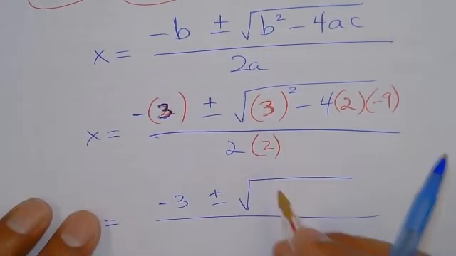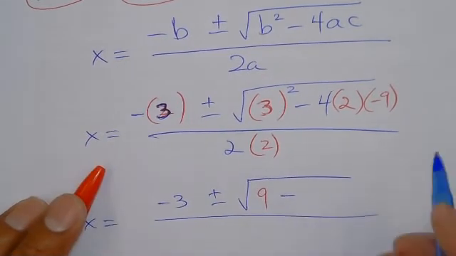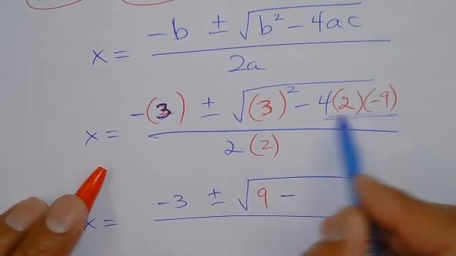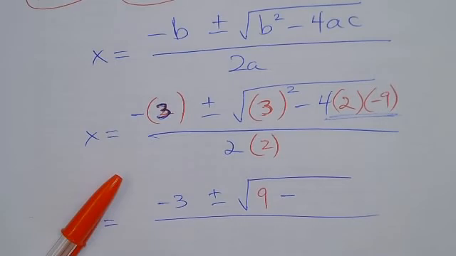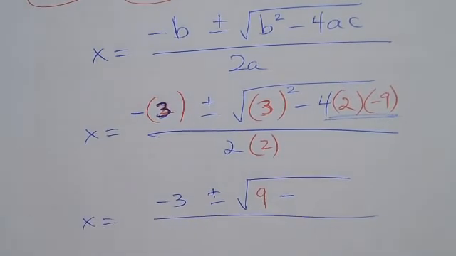Let's start right here. What's this going to be right here? Just negative 3, no? Negative 3 plus minus the square root of, what's going to be in here? 9 minus, and then now multiply just this back part. What do you get when you multiply that?